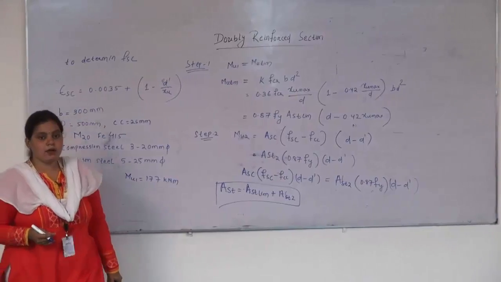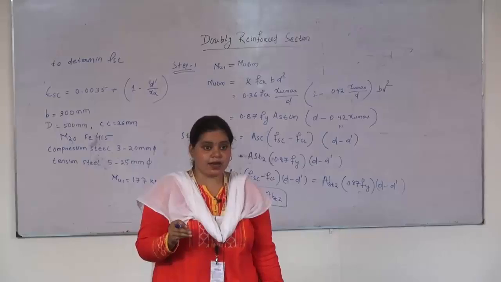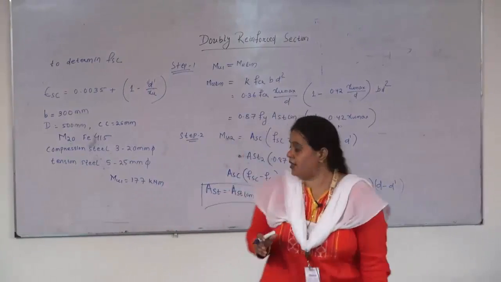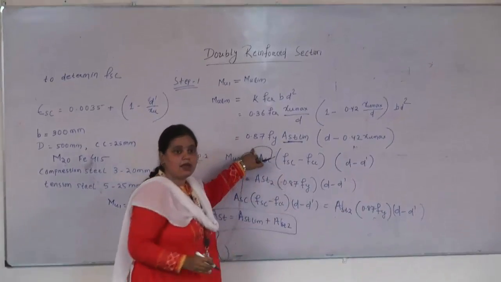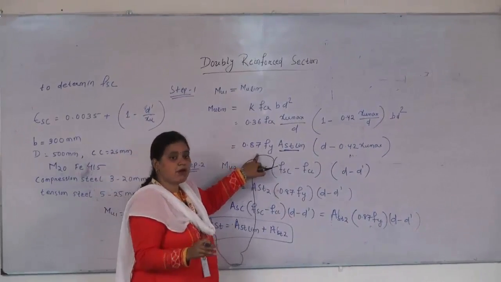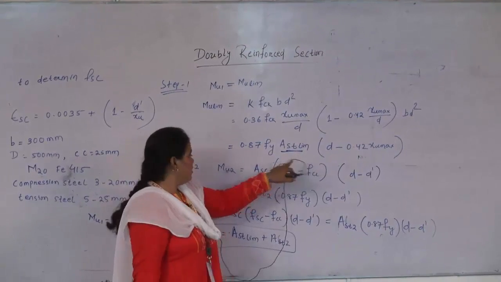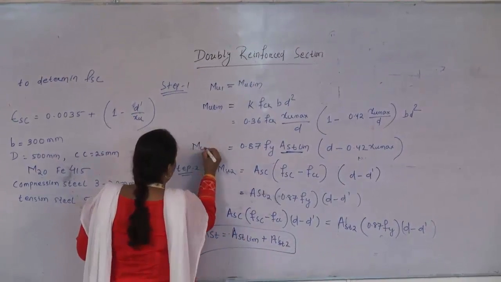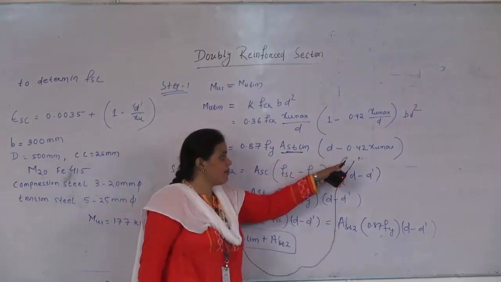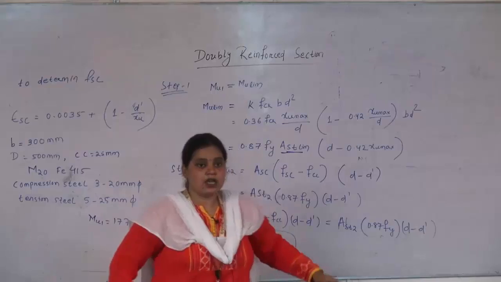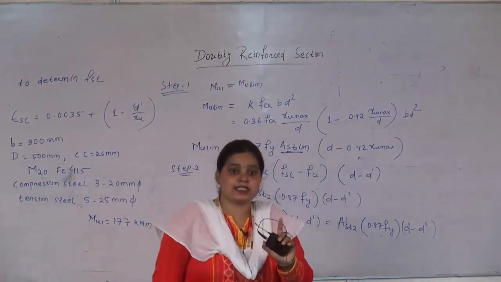Okay, now what do you have to calculate? Steel. You can find AST limit from this formula. Listen, by using this formula find AST limit: MU limit equal to 0.87 Fy AST limit (D minus 0.42 XU max). Using that equation you are going to find AST limit.